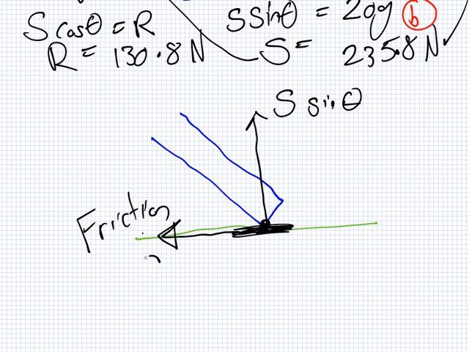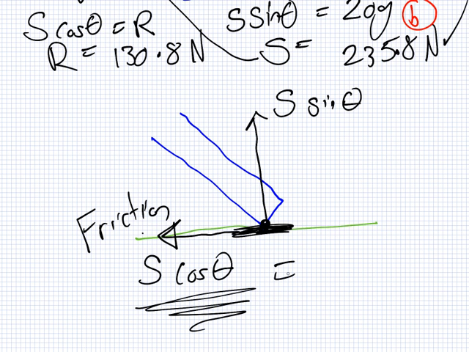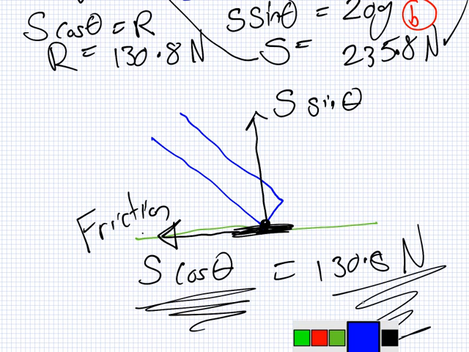This is S cos theta. So this is what I want to know. That equals 235.8 cos, what was my angle? It's 130.8 newtons. We had it a moment ago. Oh, coincident, of course, the same as the R. 130.8 newtons, of course. That's the C part.